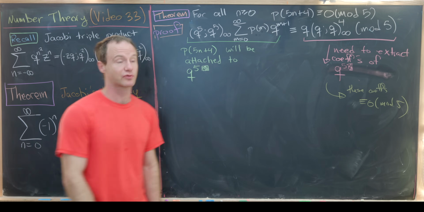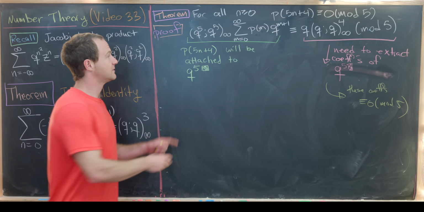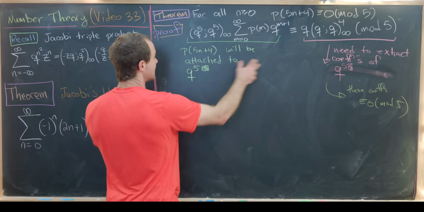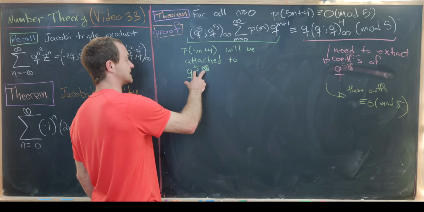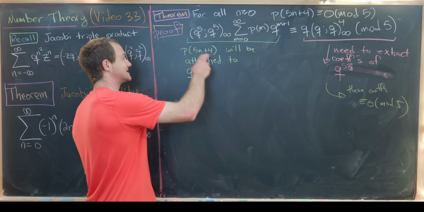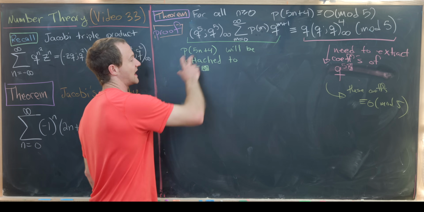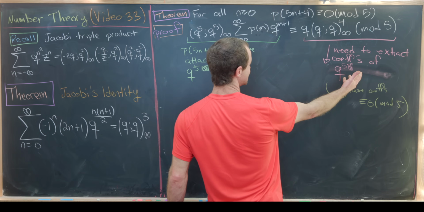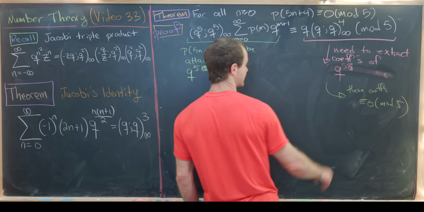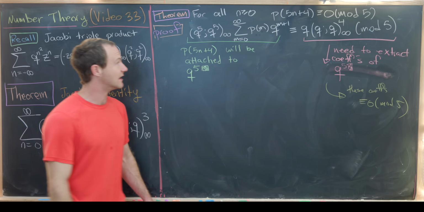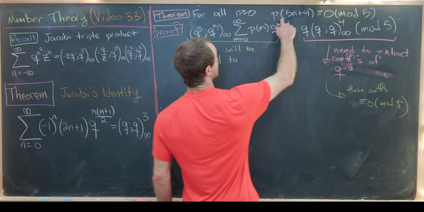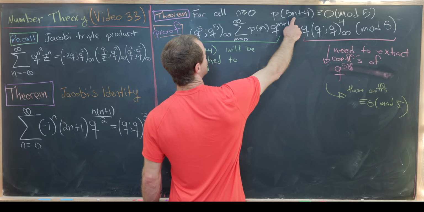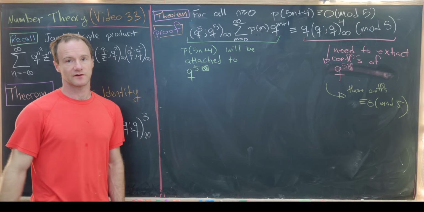And that will actually prove our result. Because notice the coefficients over here that are attached to q^(5 times something) are exactly partitions of numbers that are 5n+4. So if we can extract similar coefficients over here and show that those are 0 mod 5, then we've shown that the number of partitions of 5n+4 is congruent to 0 mod 5.